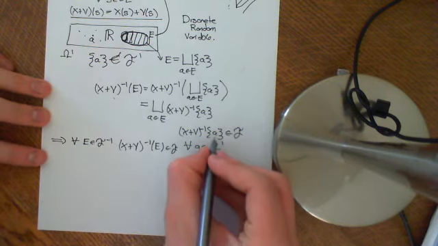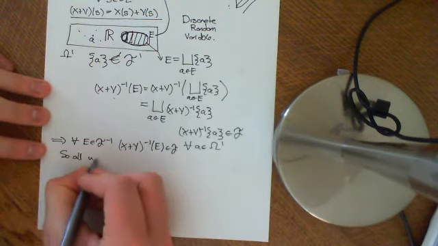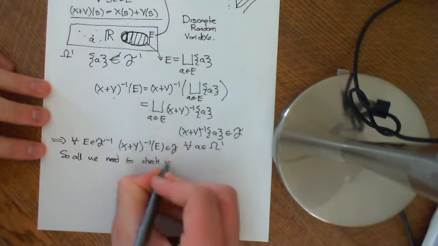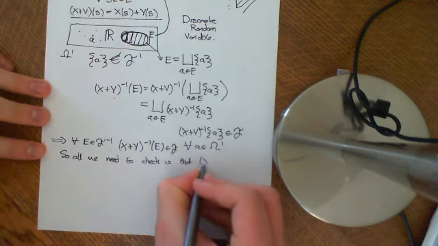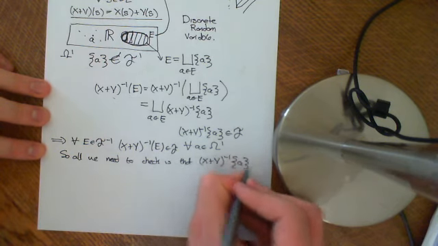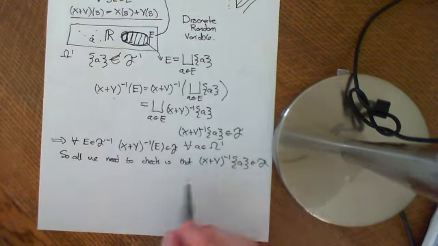That just proves that all we need to check is that (X+Y) inverse of a singleton set A is an element of F. So what is the inverse image of a singleton set A?